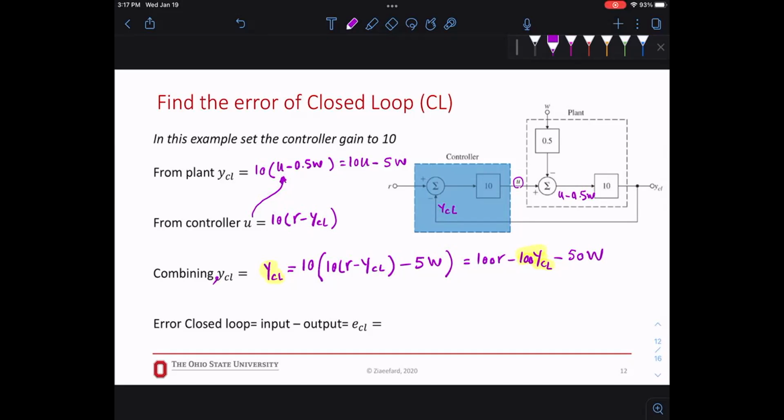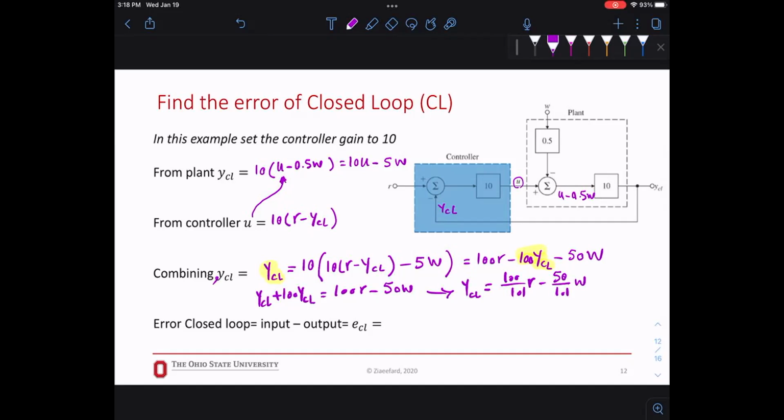So for now, we're going to leave the W as it is, making sure everything else is based on R and YCL. All right. So here, YCL plus 100 YCL is 100 R minus 50W. Then if you solve for YCL, you're going to have 101 R minus 50 over 101 W. All right, so this is our YCL.